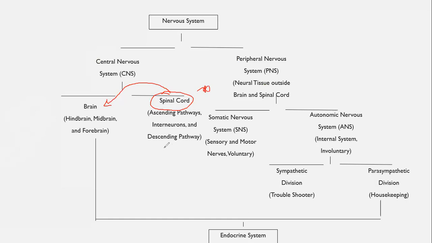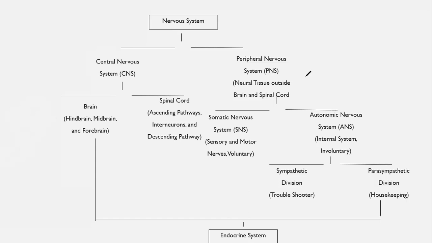Descending pathway. The spinal cord acts as a connection between head and the lower part of the body. Descending pathway, ascending pathway, interneurons. In the meanwhile, it is about connecting the whole body, right? Next, this is about the central nervous system, and we will go to the peripheral nervous system.